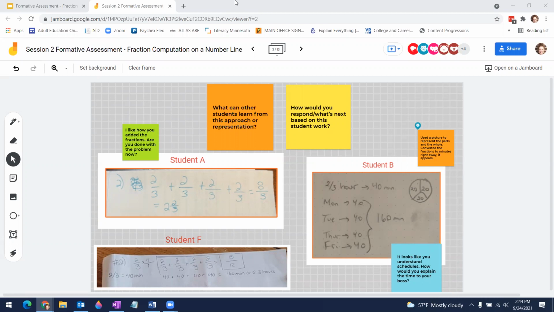But when I look at their work, it doesn't really show multiplicative reasoning. Their work still shows additive reasoning. So I might actually push this student to say, okay, how could I show this using multiplication? Or how could I show this in a different way? Because one of the biggest challenges that adults have is that they never fully move from additive reasoning to multiplicative reasoning and have that as a solid strategy.